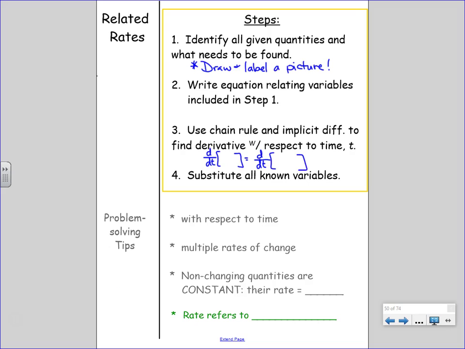There is one quick warning. When we write the equation relating variables, we can only plug in non-changing values.